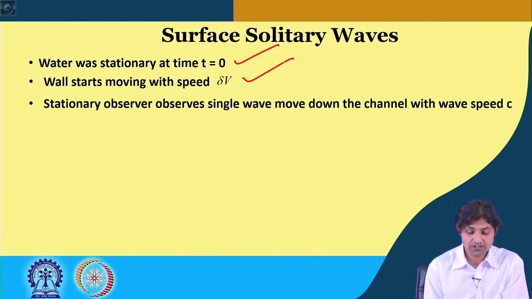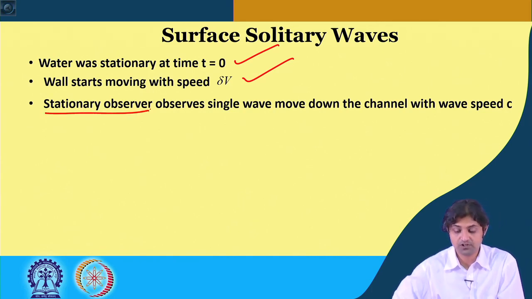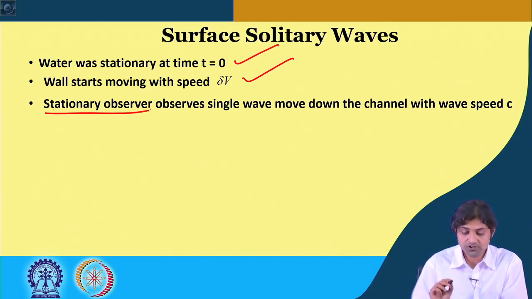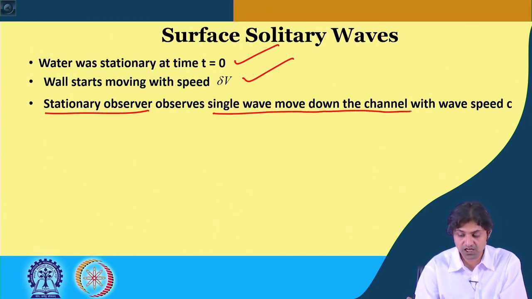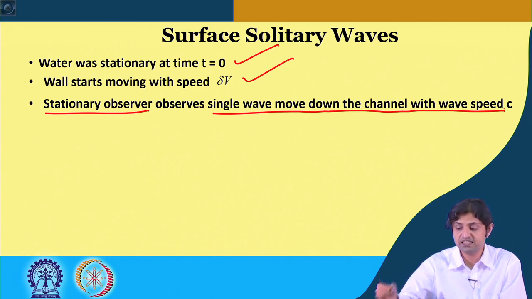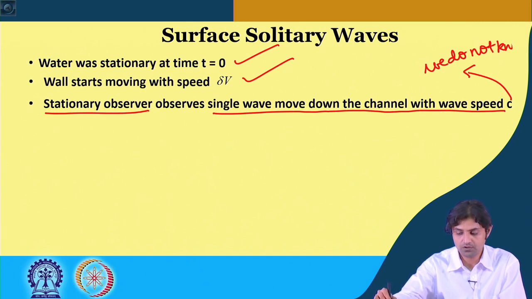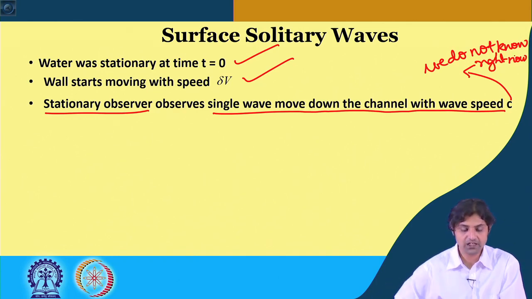Now, if there is a stationary observer, what are you going to observe? You will observe a single wave that moves down the channel with a wave speed c, which we do not know right now. So, we call this speed c.